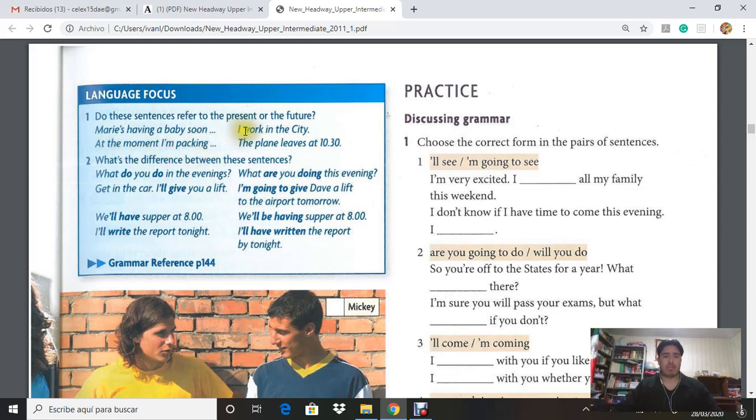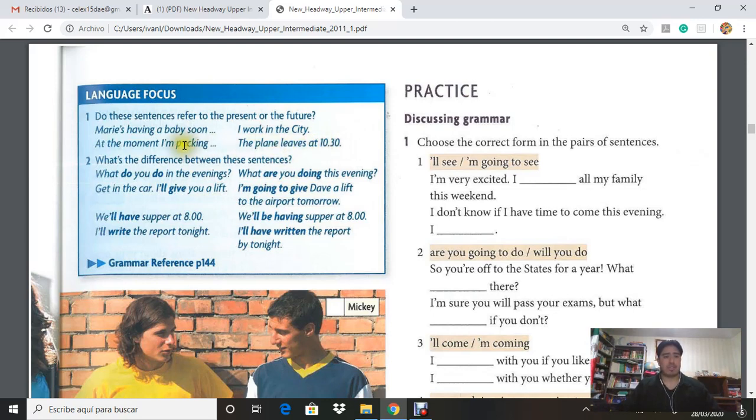The number 3, I work in the city. Well, as you can see, this is present simple and refers to a situation that is fixed and that is always true. The fourth sentence says, the plane leaves at 10:30. In this case, we are also using simple present, but to express a future event on a schedule.